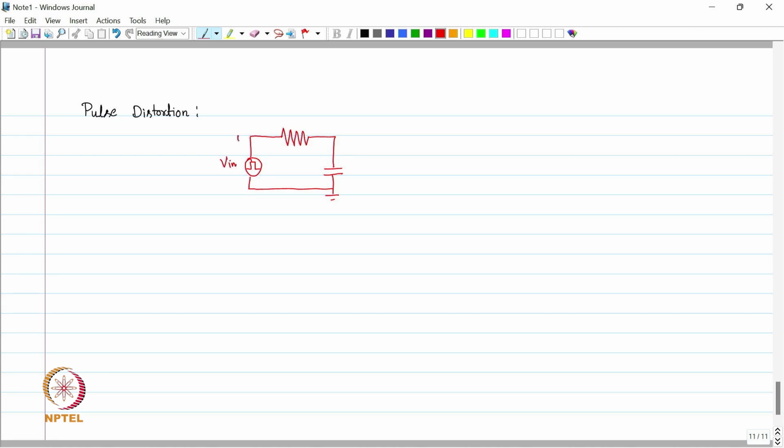This is the input pulse, positive and negative. This is R, this is C, and this is ground. This is the output node. And here we see three different cases.